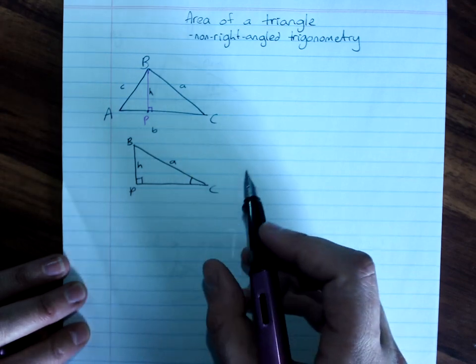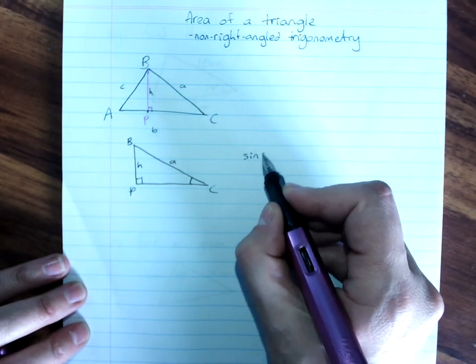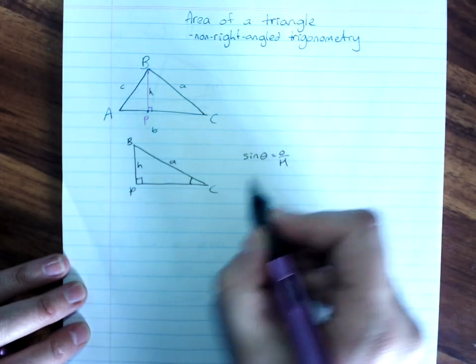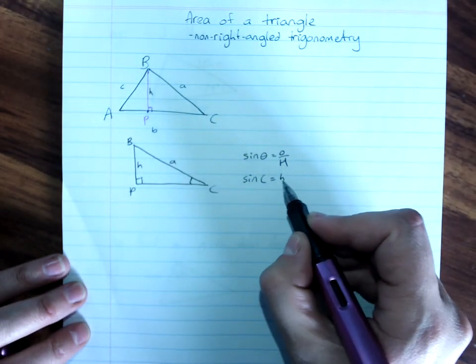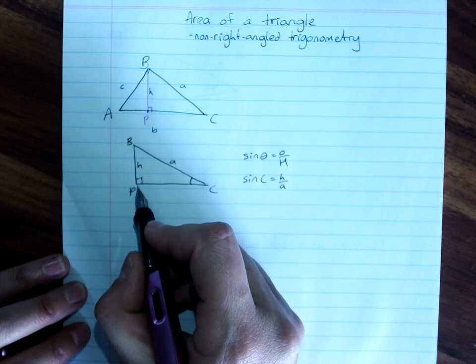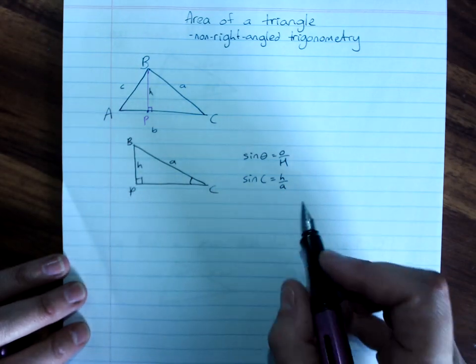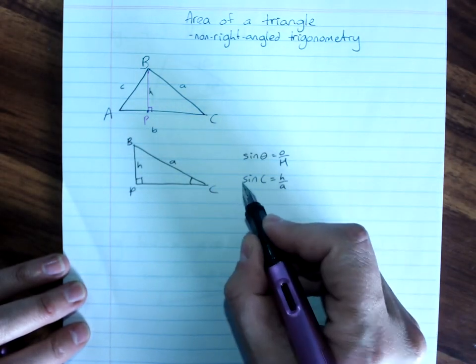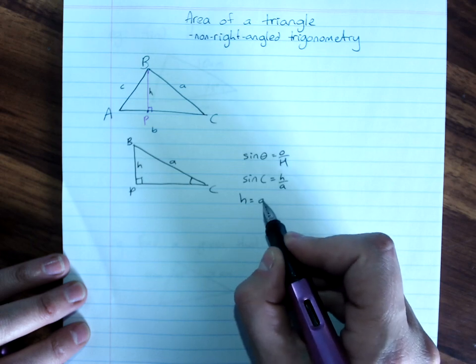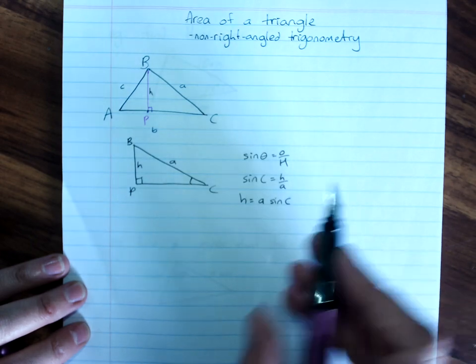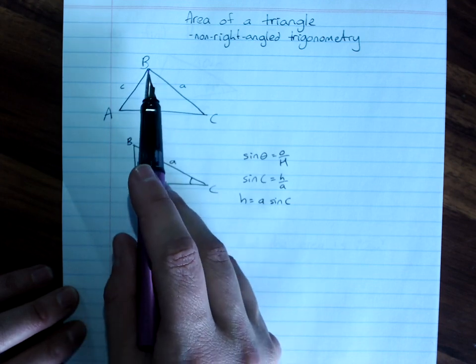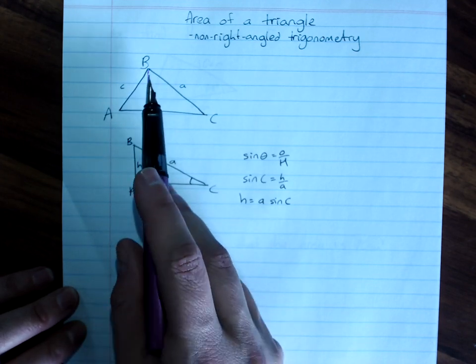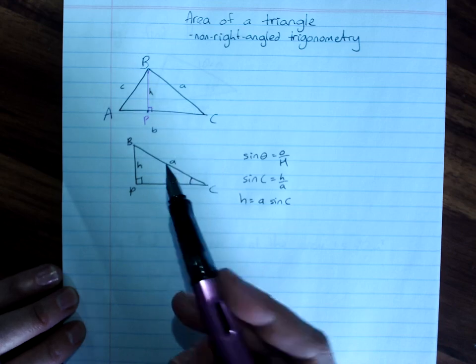Then if we get sine of angle C, that's H over A, the height opposite here, A is our hypotenuse, so moving A to here, H is A sine C. If we look back at this triangle, we've now found the height of the triangle that's perpendicular to the base.